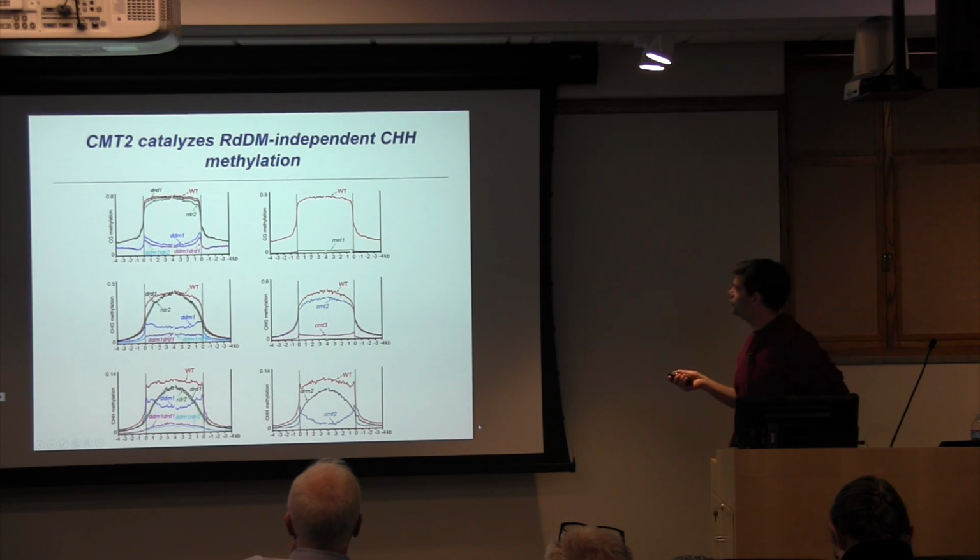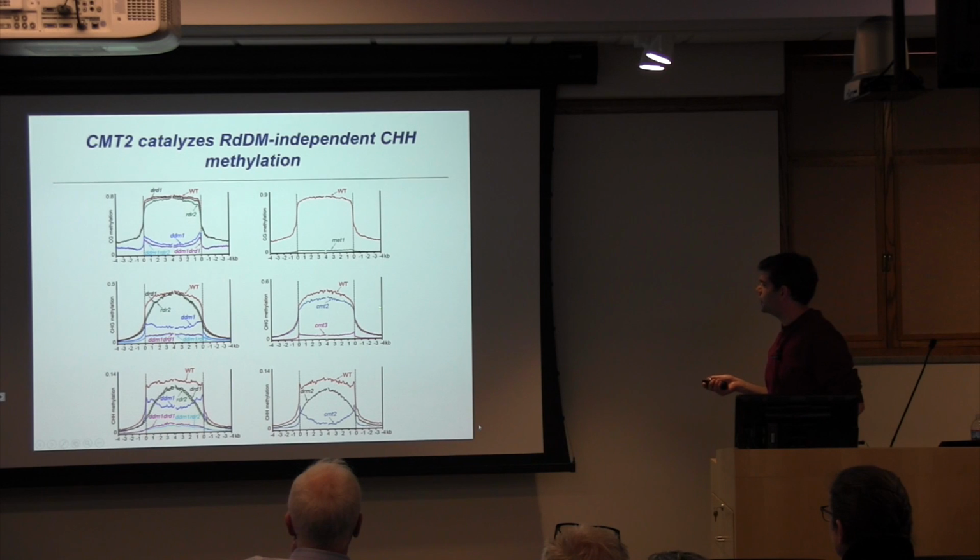For CG methylation, if we mutate MET1, there's almost nothing left. For CHG methylation, if we mutate CMT3, there's almost nothing left. And the homologous CMT3, called CMT2, has a very small effect on this kind of methylation.